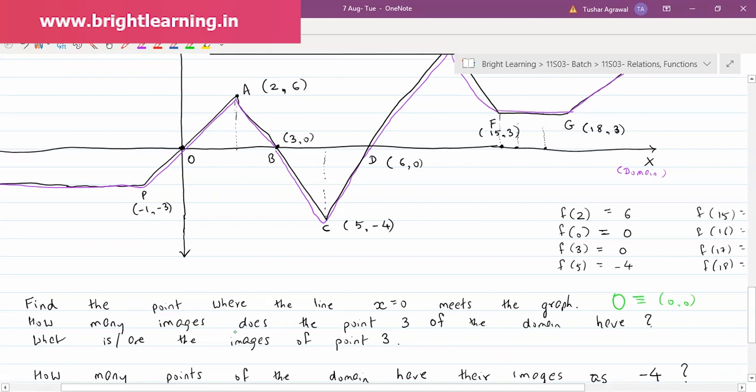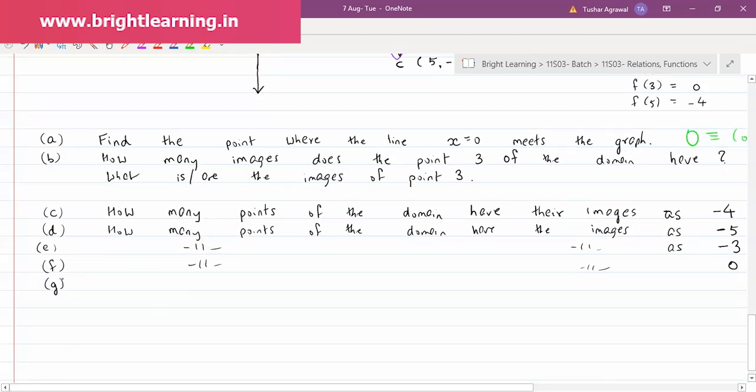How many images does the point 3 of the domain have? Sorry, not the point, the element 3. Element 3 is in the domain also, and element 3 is in the co-domain also. That is the image axis. So actually, I wanted to give you the next question, further questions on the F, G, H. B question is: how many images does the point 3 of the domain have?